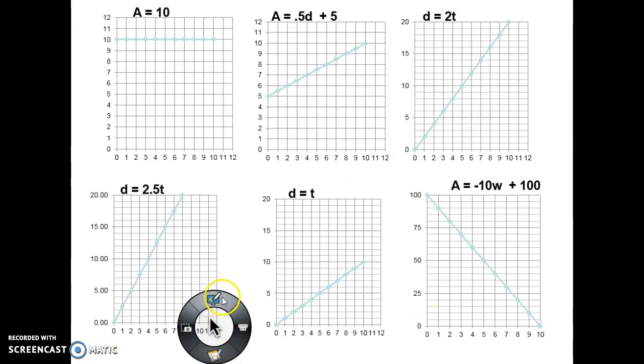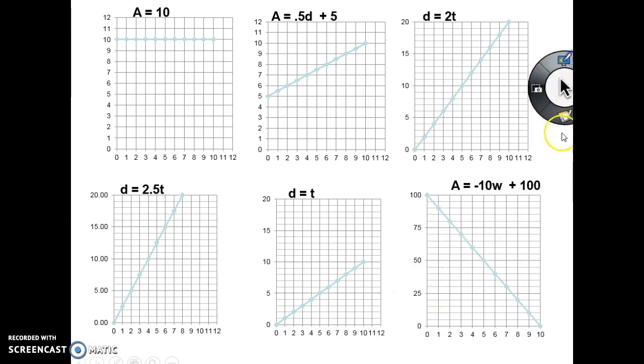These next examples are not on your paper, but it's good to see how the equations relate to the graph. So you can see that this equation up here, y equals 10, has a y-intercept of 0, 10. And it is a flat line because it does not have a number multiplied by the independent variable.